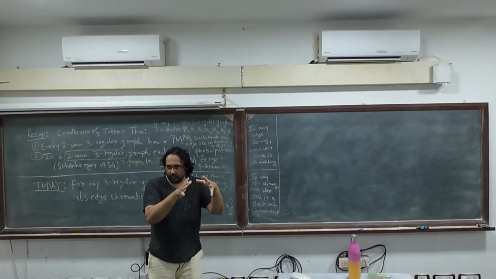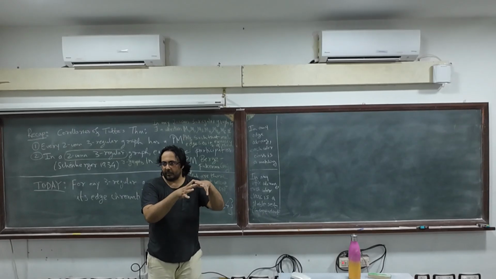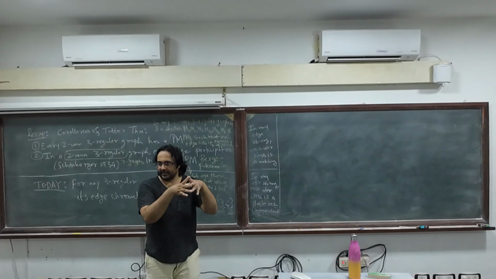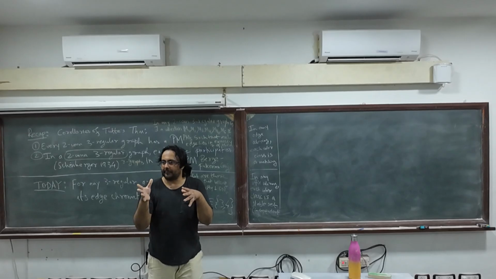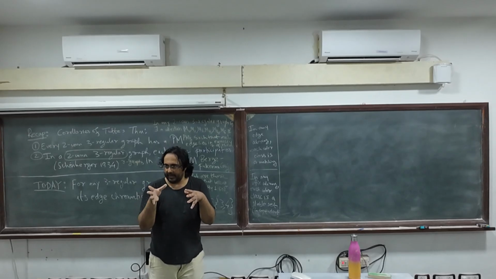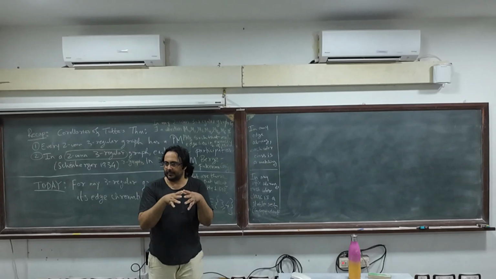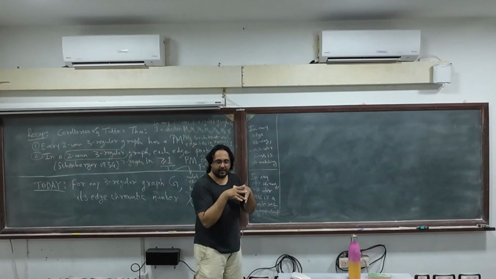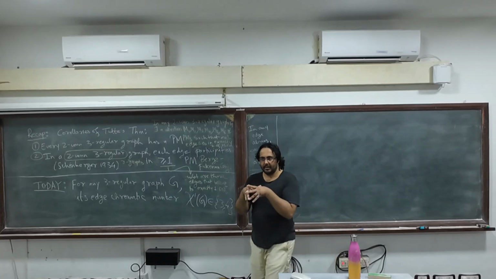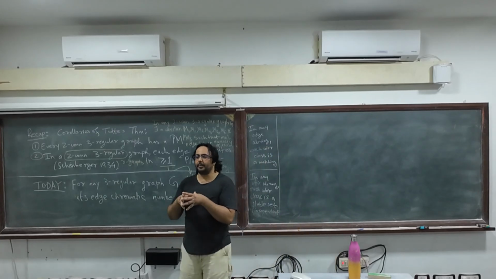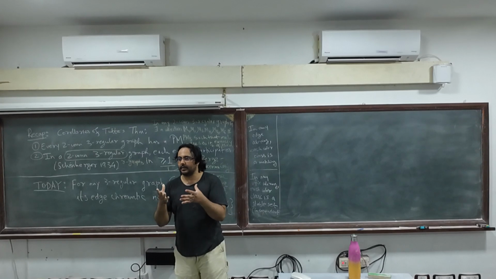Now, because people were not able to make progress on the 4-color conjecture, people started looking for equivalent formulations. One such equivalent formulation was given by Tait in terms of edge colorings, which said that every planar 2-connected 3-regular graph is 3-edge colorable, which is the same as saying that there are no planar snarks in the world.